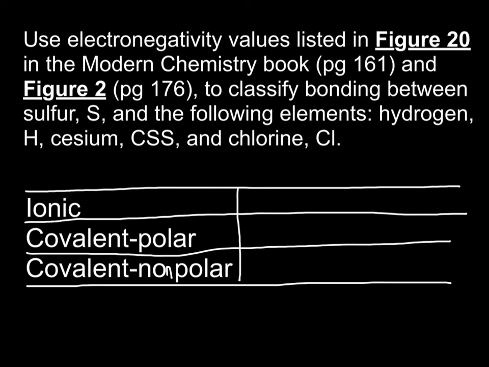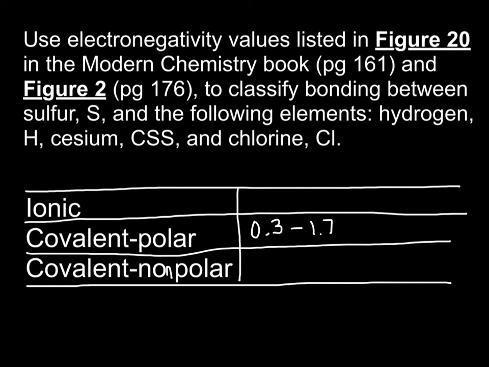To determine whether you have an ionic bond, a polar covalent bond, or a nonpolar covalent bond, you want to look at the electronegativity values. These can be found in figure 20 and also figure 2 in the Modern Chemistry book, and the information is located at the top of the screen. In general, if you're dealing with a polar covalent bond, the difference in the electronegativities between the elements will be between 0.3 and 1.7.